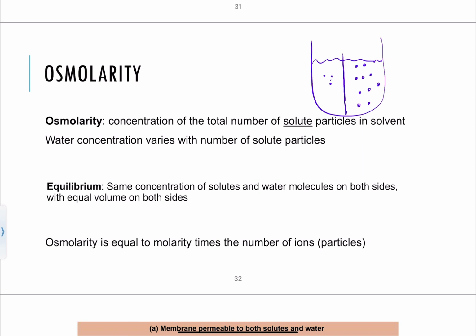If our membrane was permeable to these solutes, our solutes would naturally want to go to the left, to the side of lower concentration, until they reach equilibrium. However, if this membrane does not allow these solute particles to cross, water is naturally going to flow to the area of higher concentration so that it can reach equilibrium, until we get the same concentration of solutes and water molecules on both sides.